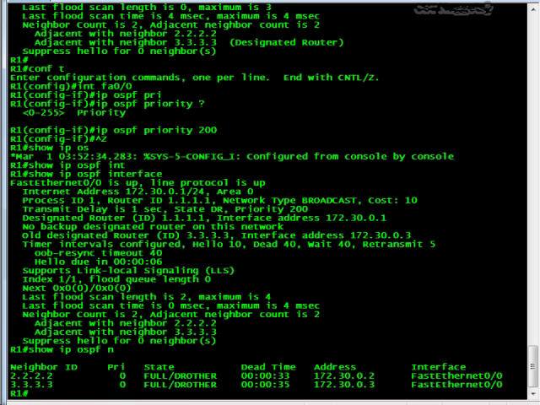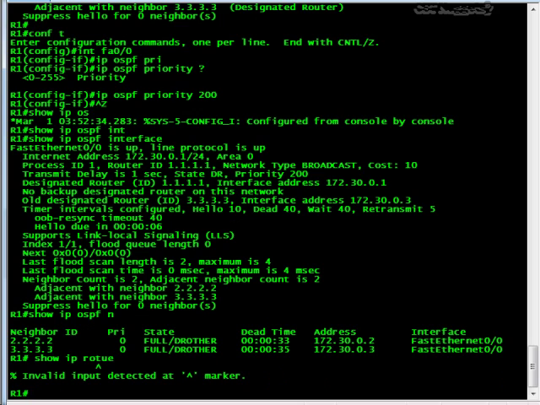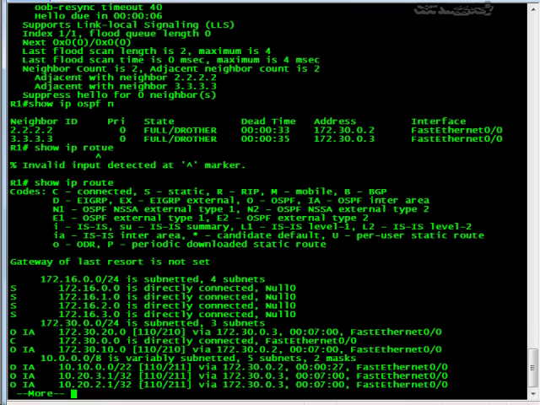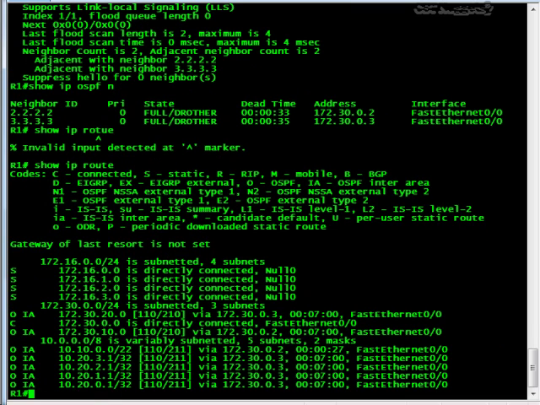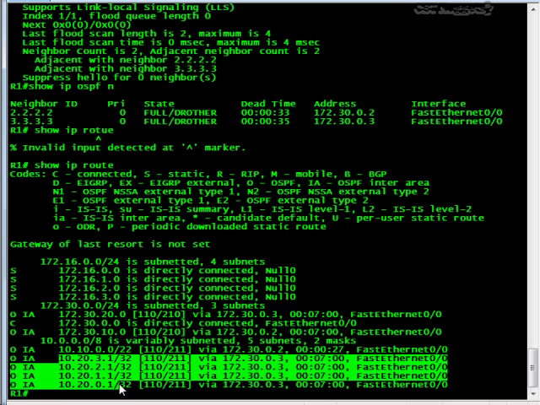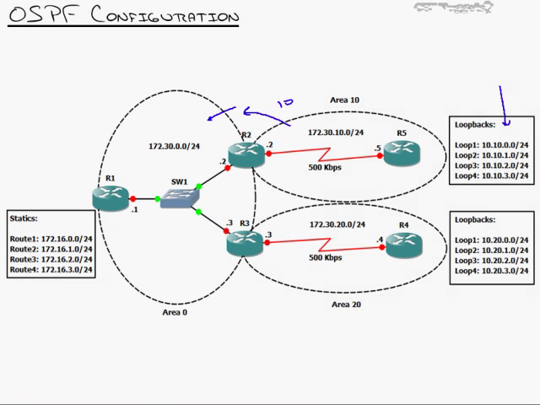I'm going to go show IP route, and right there is our summary route. Sweet! 10.10.0.0/22. It looks beautiful. Notice all of the 10.10 networks are suppressed, and you can see down here all that's left is the 10.20s.